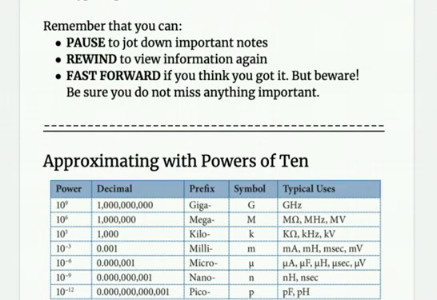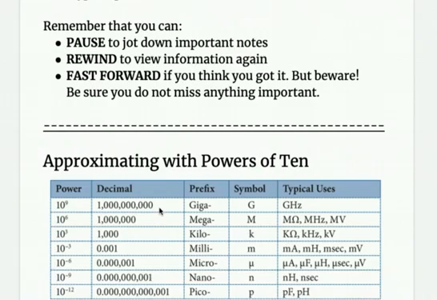So right here is an important table of the powers of 10 that you will want to pause the video and jot down. So with the power of 10 to the 9th power, we have 9 decimal places. That's like 10 multiplied by itself 9 times and 1. So we have 1, 2, 3, 4, 5, 6, 7, 8, 9 decimal places.